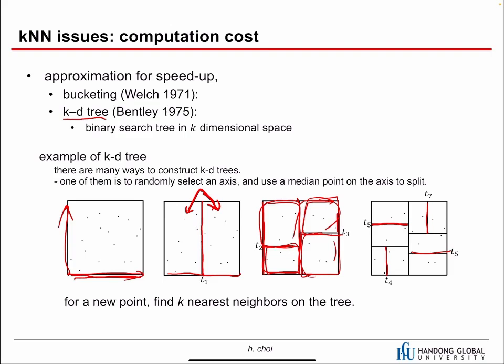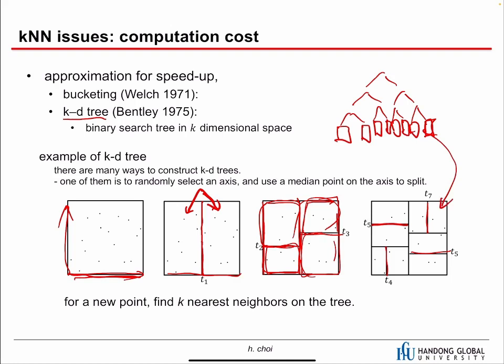Then let's say we have a binary search tree like this. Each node has some input subspace, and this one corresponds to something like this.